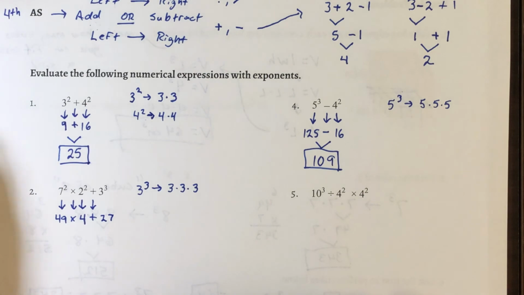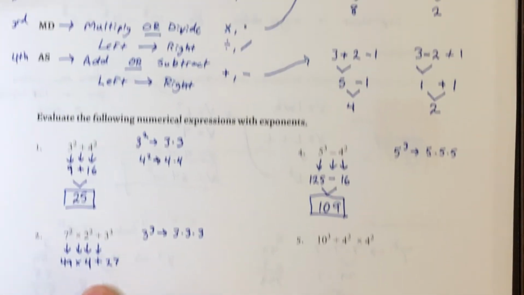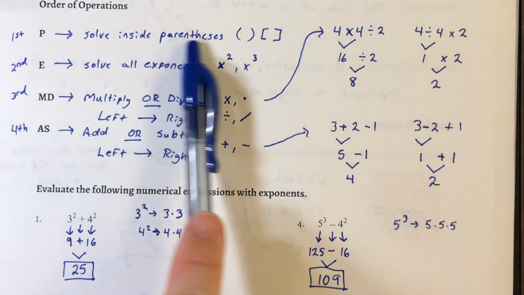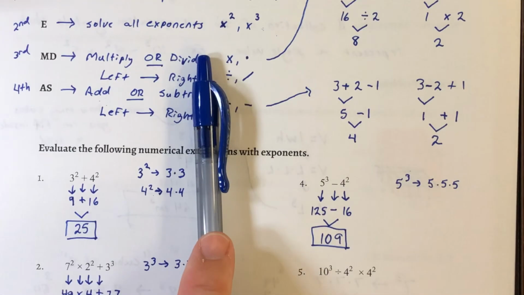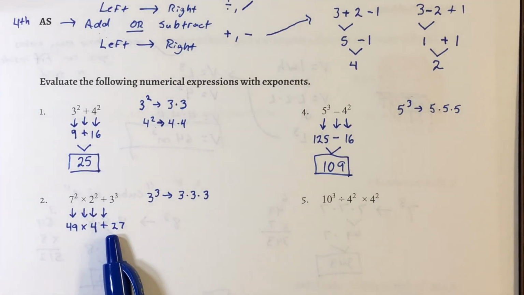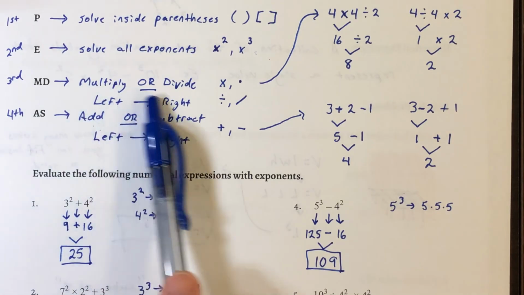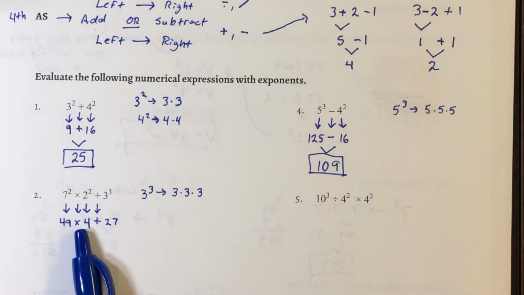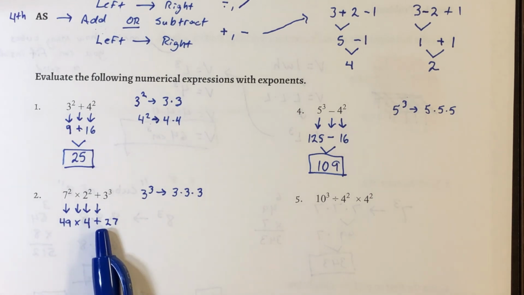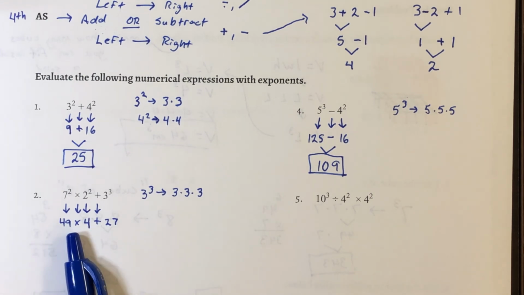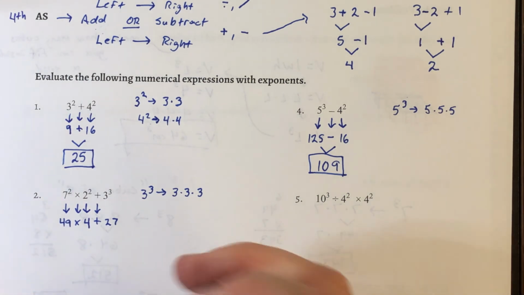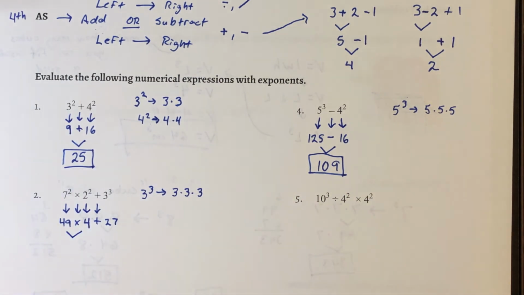All right, next step. Go back through our process super quick. Are there any parentheses? No. Are there any exponents? Oops, sorry. No, no more exponents. Is there multiplication or division? Yes. I see multiplication. I must do it first. Do not add. I know adding is easy, but you must multiply first because multiplication comes before addition. So 49 times 4.